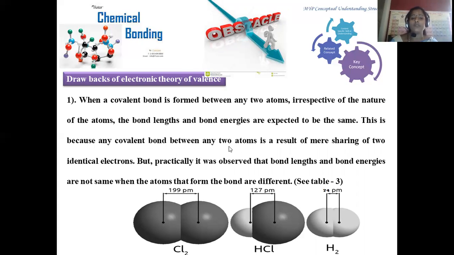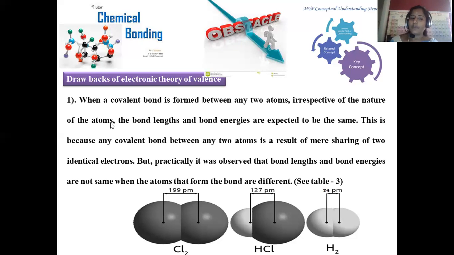This is because any covalent bond between any two atoms results from mere sharing of two identical electrons. In order to share electrons, both should be identical in terms of energy, electronegativity, and nature. Then only is sharing possible. If one has a stronger tendency to gain electrons than the second one, what happens? A shifting of electrons is possible.